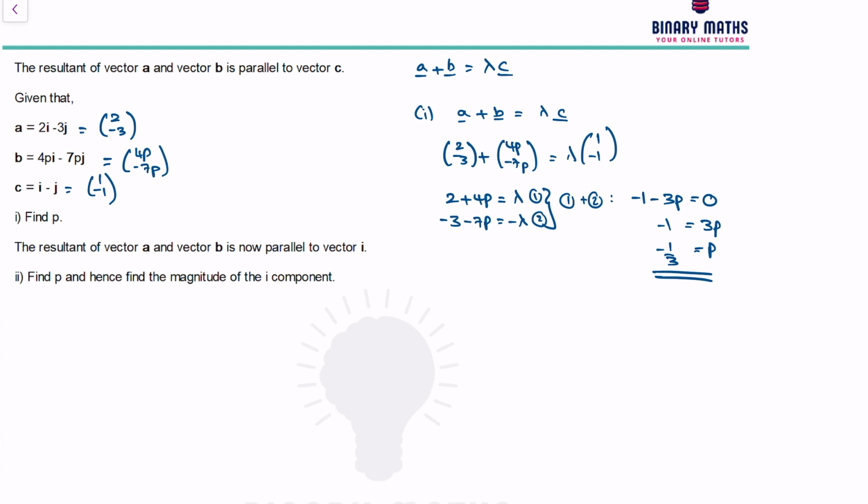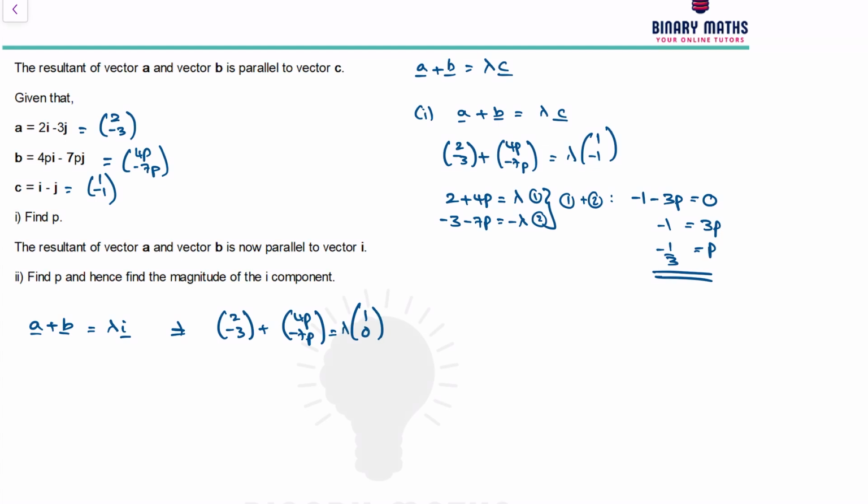Okay, next one, the resultant vector of vector A and vector B is now parallel to vector i. So for this one, we've got A plus B is equal to lambda times i. Find p and hence find the magnitude of the i component. So this implies that (2, minus 3) plus (4p, minus 7p) is equal to lambda times (1, 0).